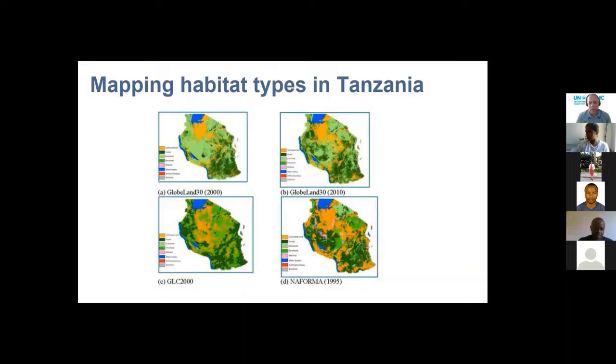And we see 4 products here for Tanzania, where you can readily see that there's a different configuration of the same ecosystem assets in the landscape inferred from using a different product. So this is probably an important thing to make sure you get right with who you think is going to be using the assessment and your stakeholders in that.